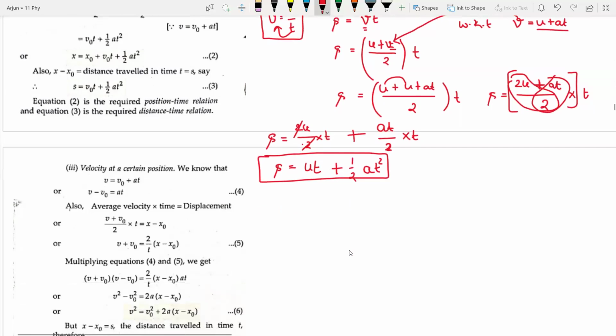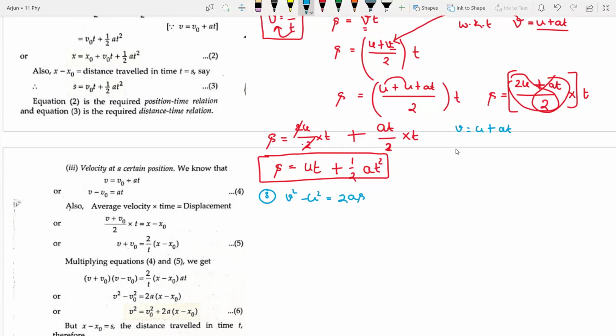Now we need to derive the third equation of motion, that is v square minus u square is equal to 2 into a into s. Okay, we know, here I will do v is equal to u plus at.